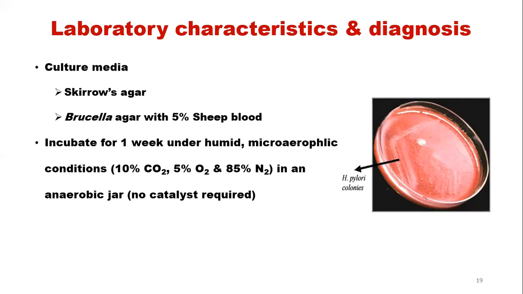So you have 10% CO2, 3 to 5% oxygen, and 85% nitrogen in an anaerobic jar. You do not require a catalyst to make it a completely anaerobic environment because the organism is a microaerophile. It still requires a little oxygen, so you don't incubate anaerobically. That's why we don't use a catalyst.